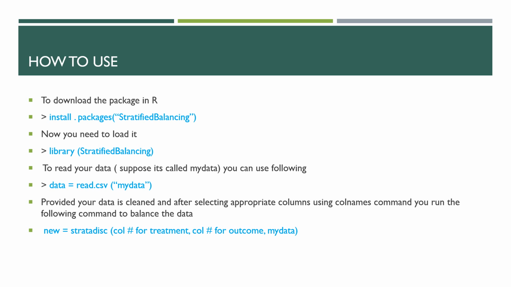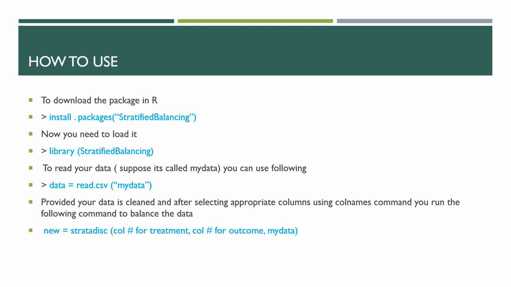To install the package, you need to use the command install.packages("stratifiedbalancing"). You have to load it, for which the command is library(stratifiedbalancing). To read your data, let's say your data is called mydata, you can use the following command: data = read.csv("mydata").